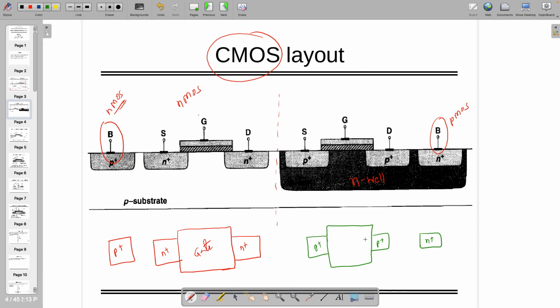Understand? But if you're looking from top, N-well has to be drawn separately because it has been actually grown inside the P substrate. So I'm making this dotted line. It represents N-well. So that's why it is always there.